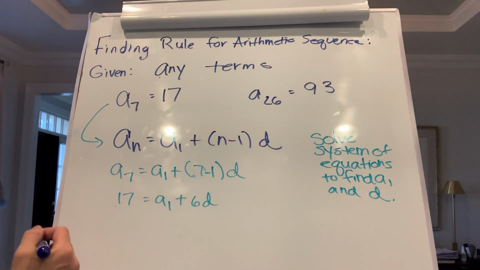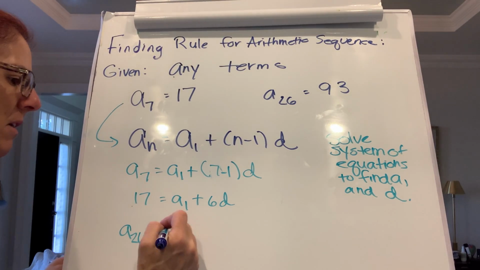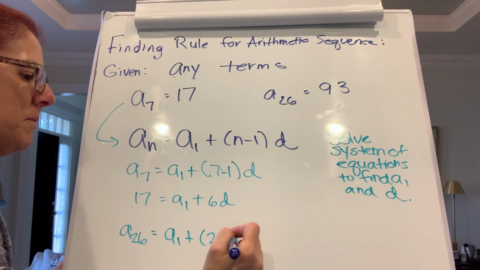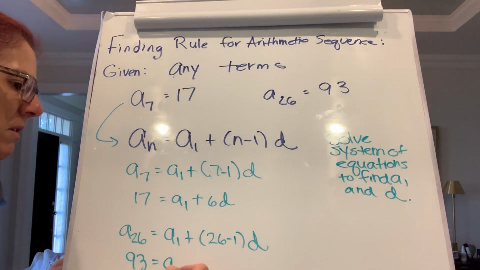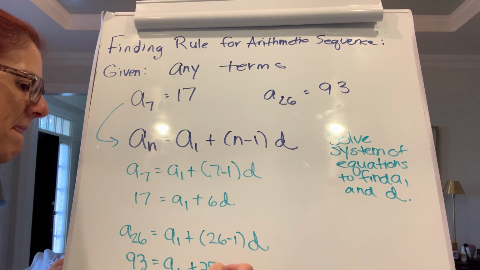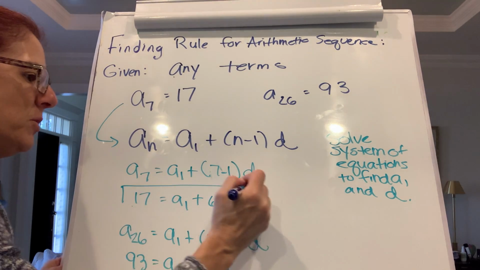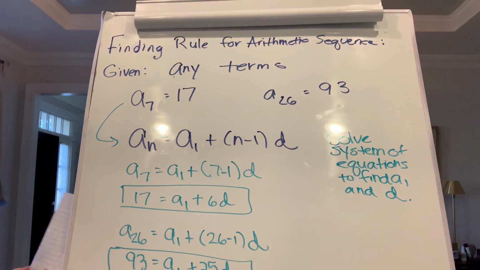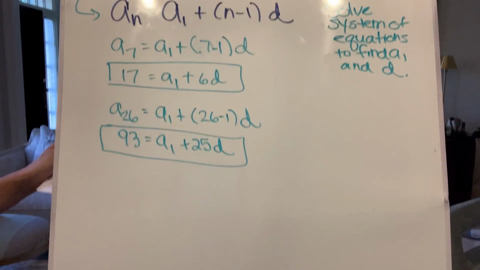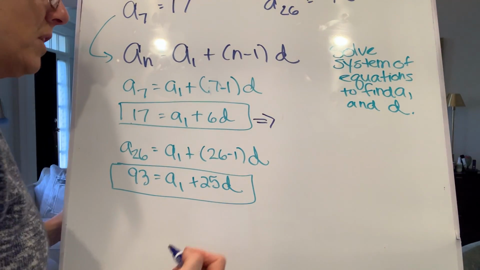If I plug in A26, I get A1 plus 26 minus 1 D. A26 is 93. I get 93 equals A1 plus 25D. So now I have two equations. We just need to use either substitution or elimination. I'm going to use substitution because it's easy to solve for A1 here.